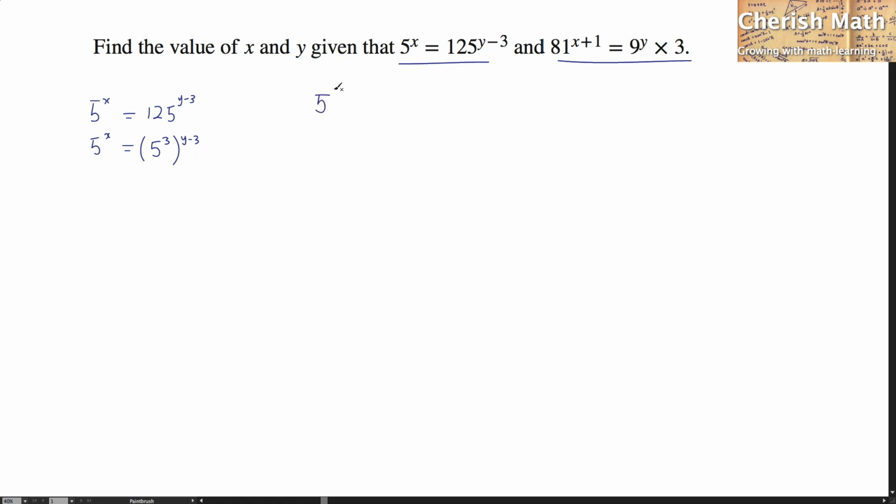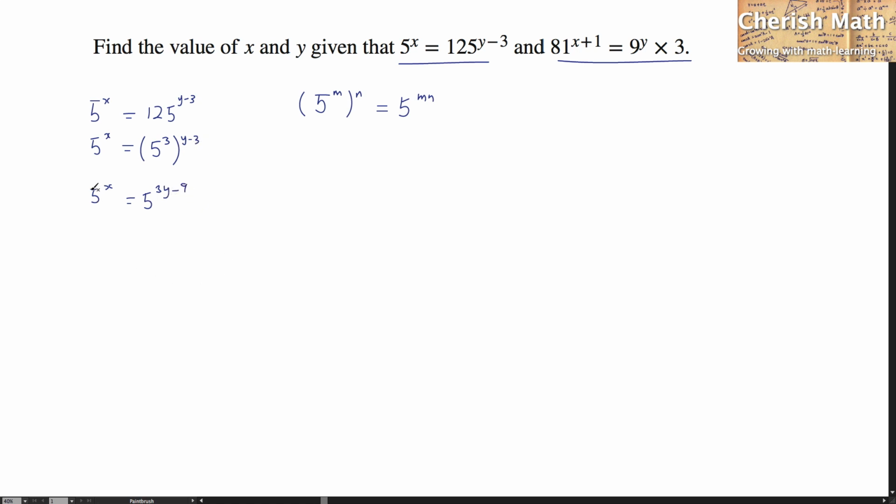5 to the power of m, raised to the power of n, we have to solve by using power multiplication. So 5 to the power of x is in fact 5 to the power of 3 times y, you get 3y. 3 times negative 3, you get negative 9.